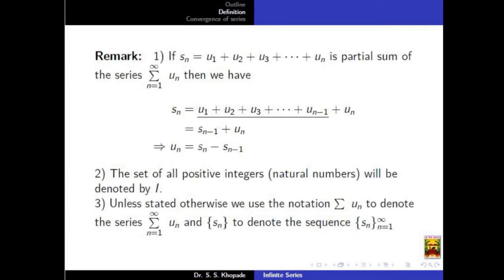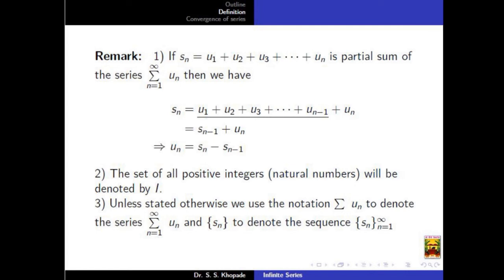Here are some remarks we should note down. As we denoted u1 plus u2 plus up to un by the symbol Sn, so automatically, as Sn is the addition up to the nth term, this addition contains the first n minus 1 terms also, and by the same symbol the addition u1 plus u2 up to un minus 1 should be denoted by Sn minus 1.